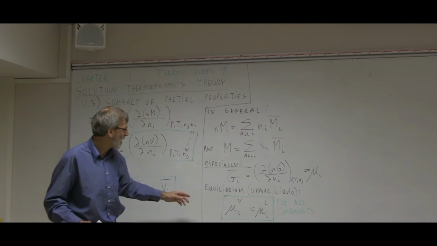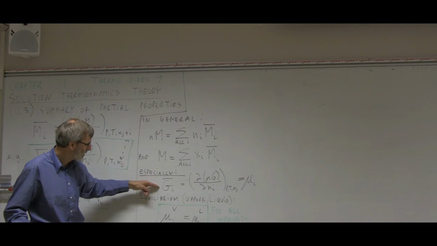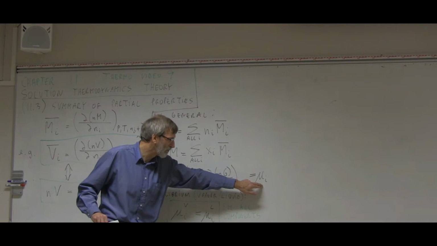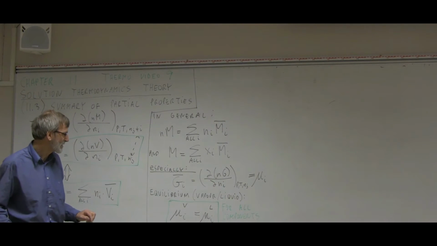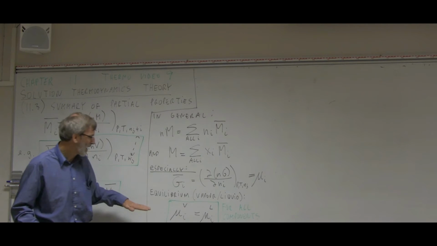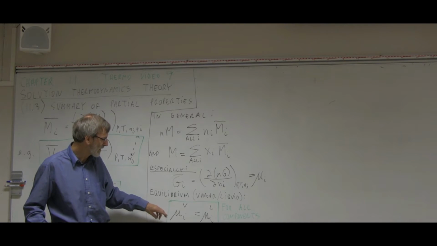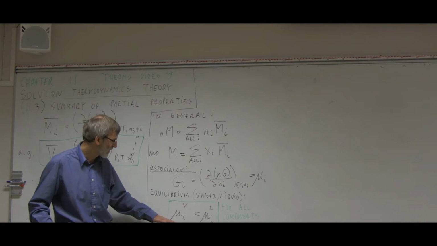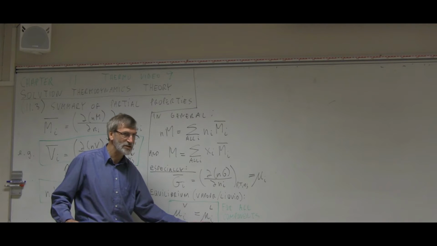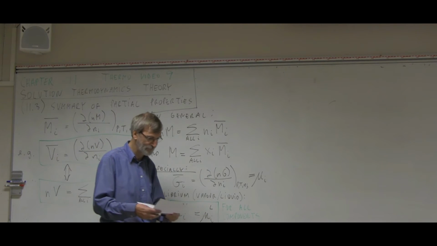When we define a partial molar property for Gibbs free energy and give a symbol of this called the chemical potential, then we achieve an equilibrium criterion stating that the chemical potential in the vapor must be equal to the chemical potential in the liquid for all components.